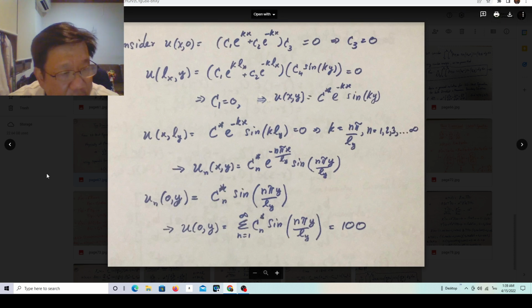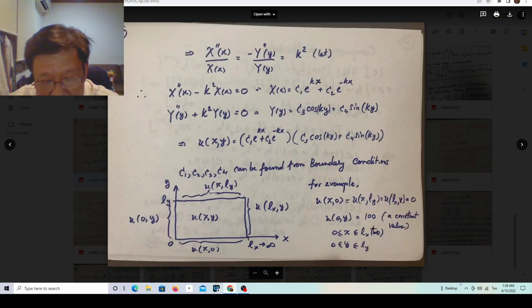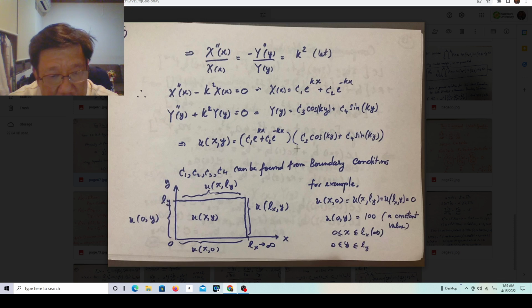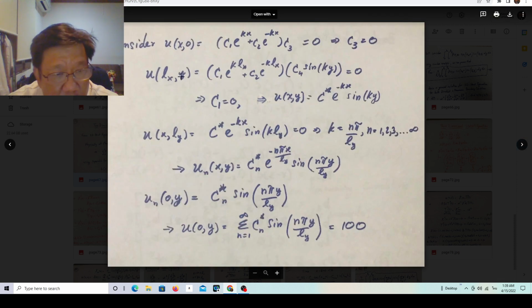So you can see that with this boundary condition, if you go step by step, you will be able to eliminate the zero constant here and simplify the function step by step to get this resulting function as a solution. But we still need to find what c star n is going to look like.